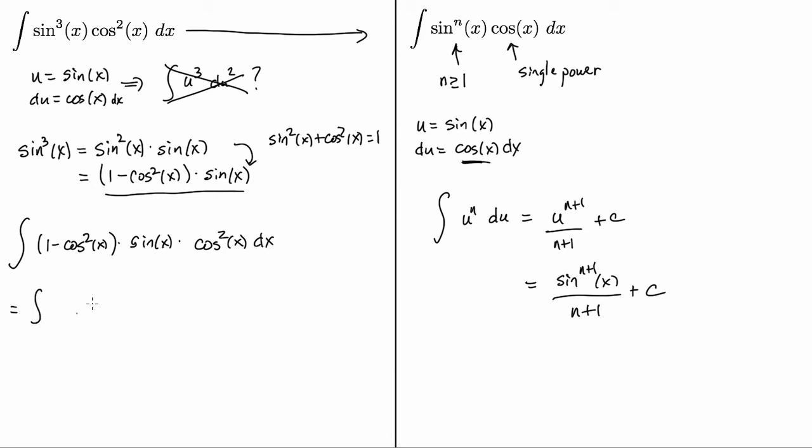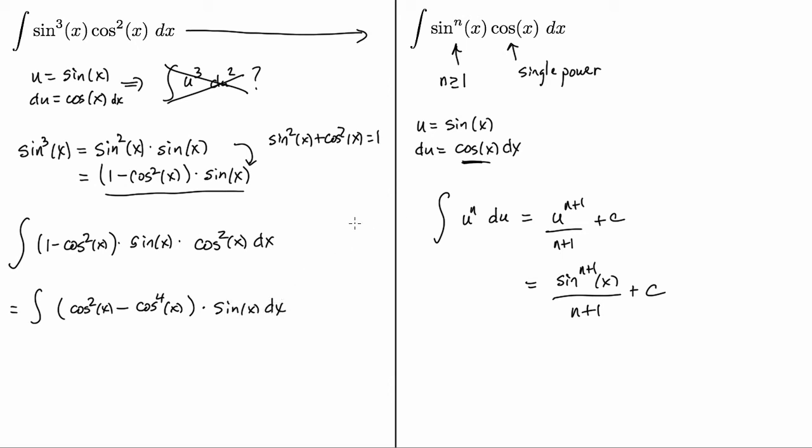But let me do one more small algebraic manipulation here. I'm going to combine the cosine terms. So if I distribute the cosine terms, I'm going to get cosine squared of x minus cosine to the fourth of x times sine of x dx.